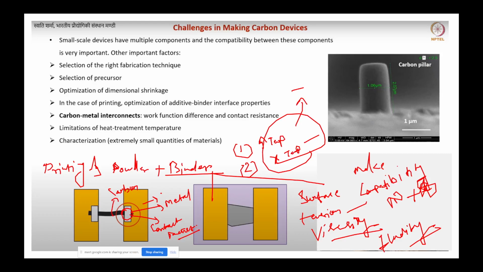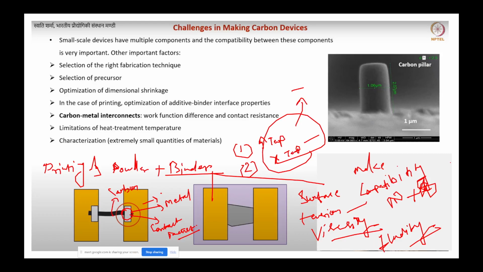Limitation of heat treatment temperature: as I have already said, if your material A can sustain a high temperature but your material B cannot sustain that higher temperature, then it is very difficult to fabricate. So you need a technique suitable for both kinds of material.